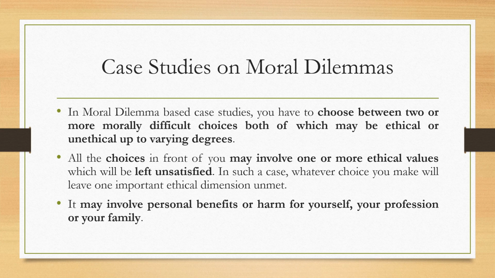In such a case, whatever choice you make will leave one important ethical dimension unmet, right? As I've already explained, some ethical values will be left unsatisfied because these moral dilemmas involve choices which are morally or ethically correct to varying degrees. So you have to choose which ethical value you want to satisfy and which ethical value you will leave out.